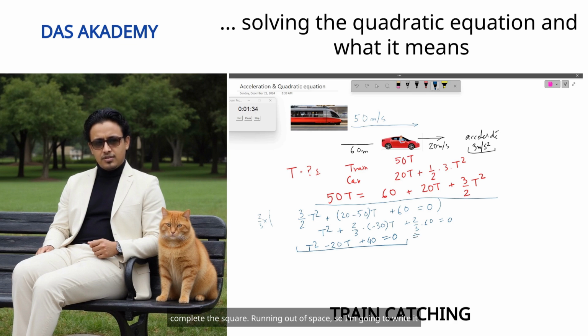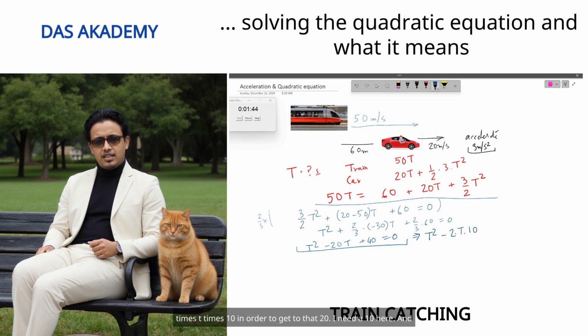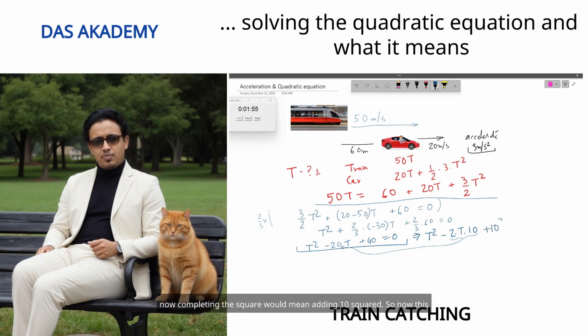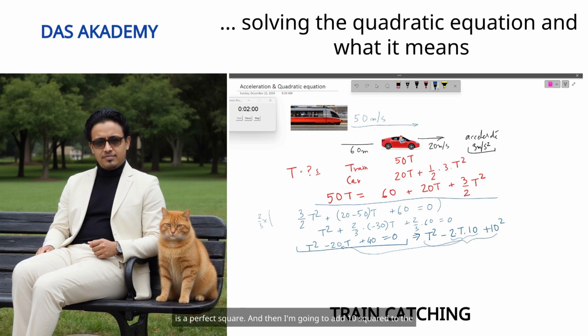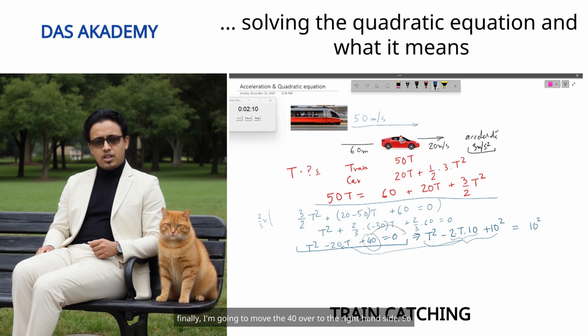So completing the square would mean t squared minus 2 times t times 10 in order to get to that 20. I need a 10 here, and now completing the square would mean adding 10 square. So now this is a perfect square. And then I'm going to add 10 squared to the right hand side of the equation as well to balance it out. And then finally, I'm going to move the 40 over to the right hand side.